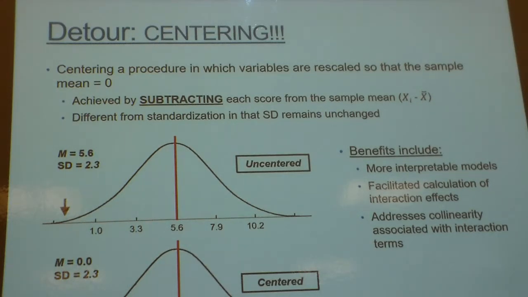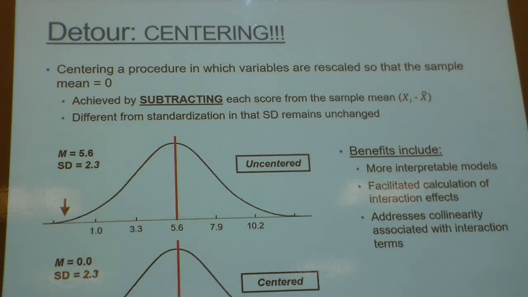Our centering starts to address those things. So for these reasons, not just for our moderation models, but for any regression analyses that you would run, you want to consider centering those variables, because at the very least, it ends up being helpful with interpretation.